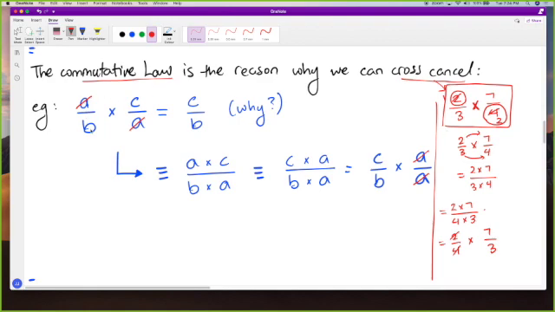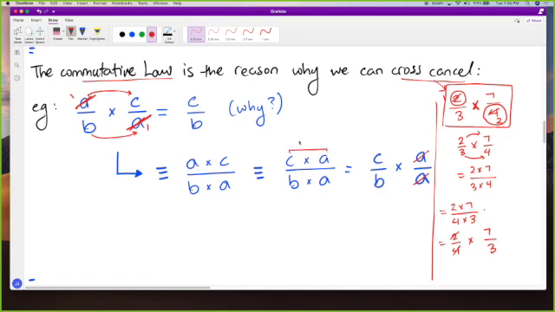If I have A over B times C over A, why is it that this A could cancel with this A to give me the answer C over B? Why? A into A is 1, A into A is 1. Right? Why is that? Well, look at this here. A times C over B times A. And because multiplication is commutative, I could switch.